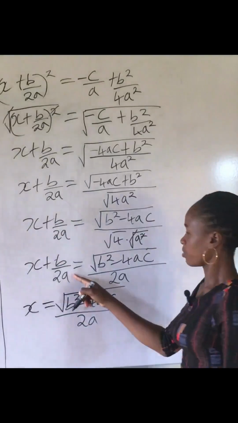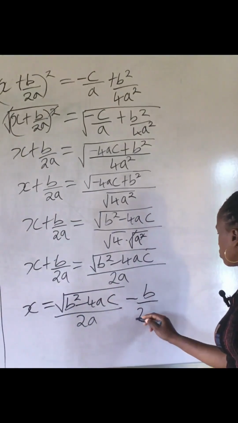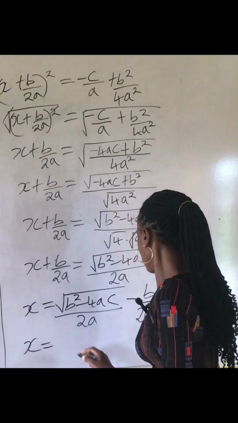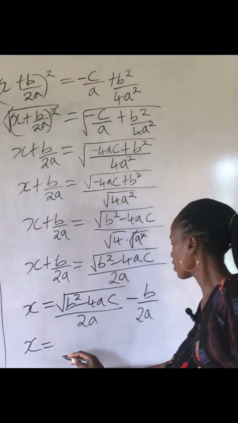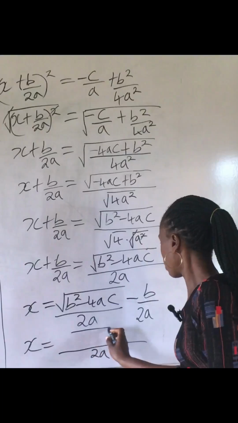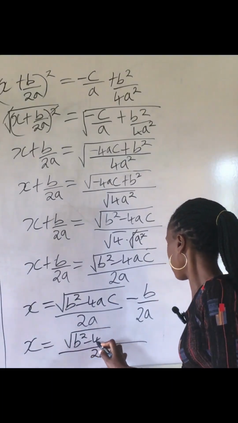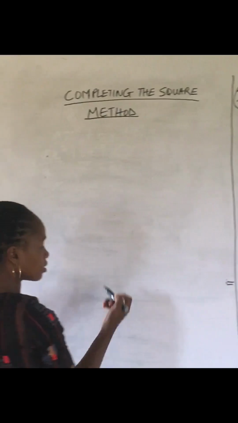Then when we take b over 2a to the right hand side, it becomes minus b over 2a. Now x will be equals to, if you take this LCM of 2a and 2a is obviously 2a, right? Then this becomes minus b plus or minus the square root of b squared minus 4ac, over 2a.